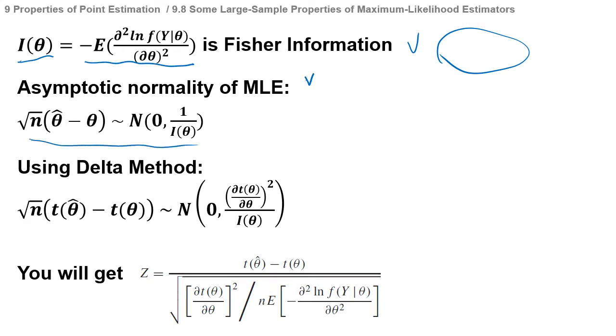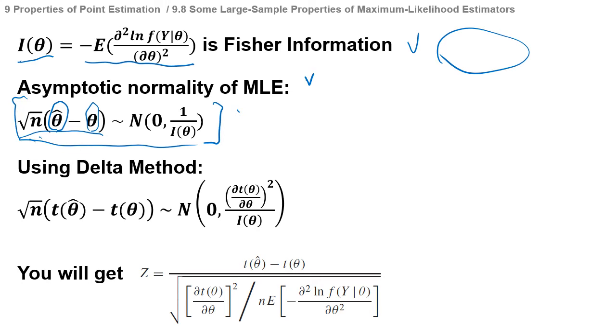There's a theorem that if theta hat is the MLE and theta is the parameter of interest, then square root n times this thing will follow a normal distribution with mean 0 and variance 1 over the information statistic. And this is the first one to prove.